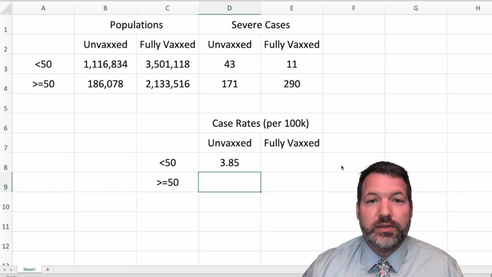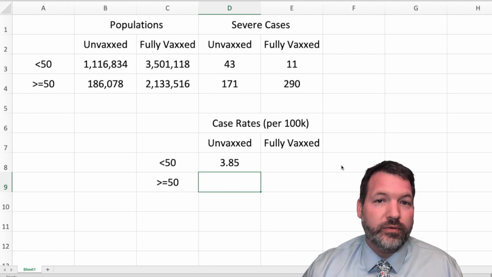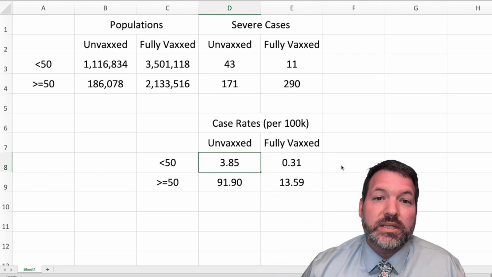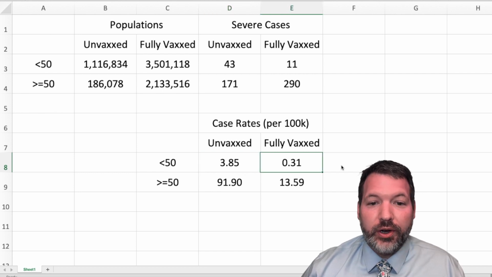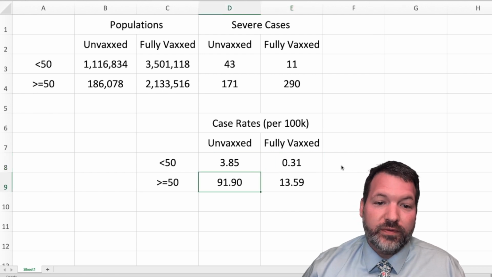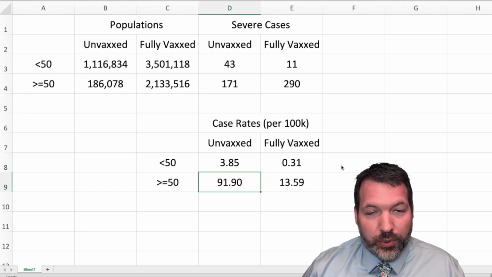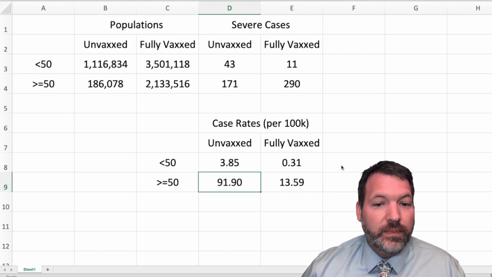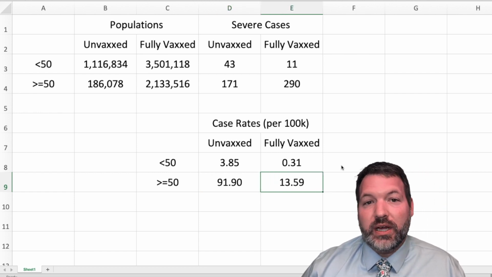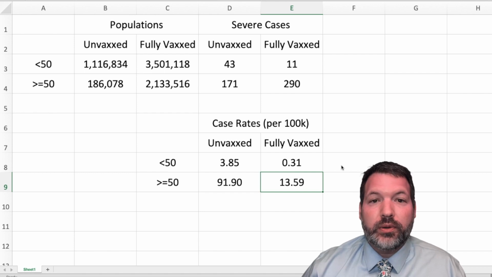Now, like I said, we're going to use the magic of Excel to carry that formula over, and now you can see all 4 of those case rates for these individual populations. 3.85 cases per 100,000 people if you are unvaccinated, under 50. 0.31 cases if you're fully vaccinated, under 50. 91.9 cases per 100,000 people if you are unvaccinated, over 50. And finally, 13.59 cases per 100,000 people if you are fully vaccinated and over 50.